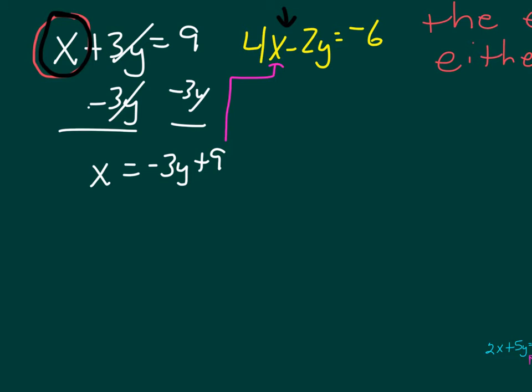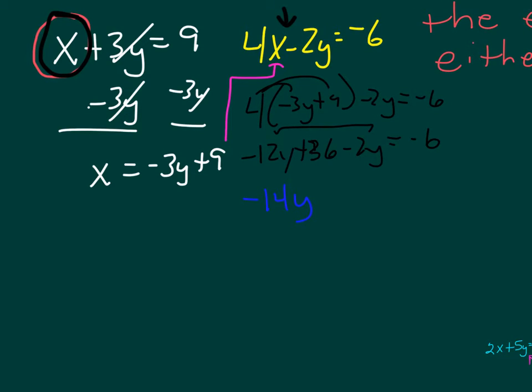So what you end up doing is 4 times -3y plus 9 minus 2y equals -6. I'm going to then distribute this 4, and I get -12y plus 36 minus 2y equals -6. I'm then going to combine like terms, and I get -14y.